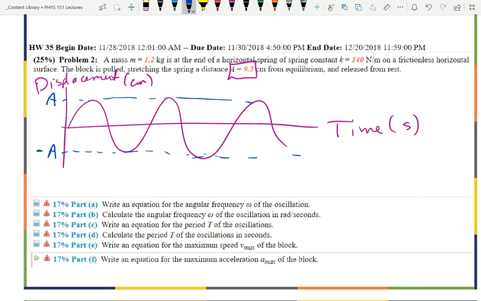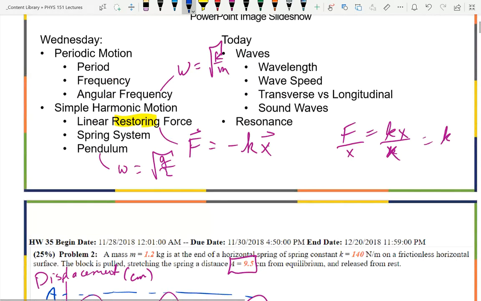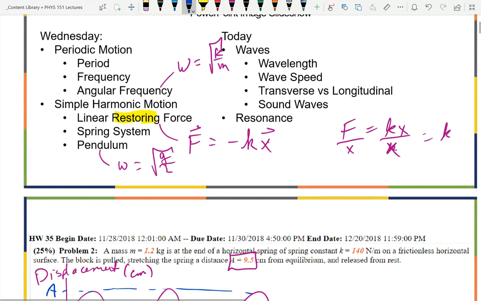Write an equation for the angular frequency omega. This is really tough because what did I just write in the previous slide? What is omega?